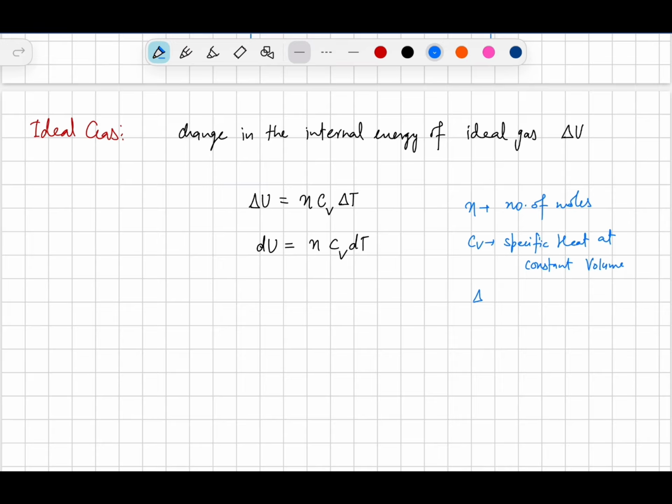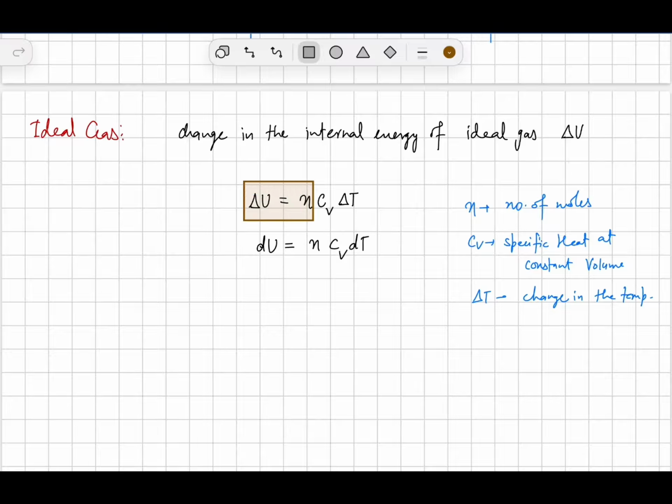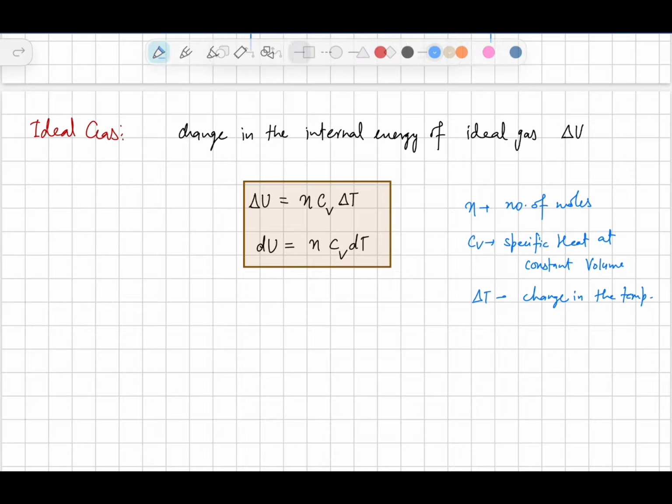And delta T is here the change in the temperature. So this is the internal energy formula for ideal gas. We will see later, maybe I can derive it, but as of now you need to take it as granted. But remember this, let me write it, it is very important.